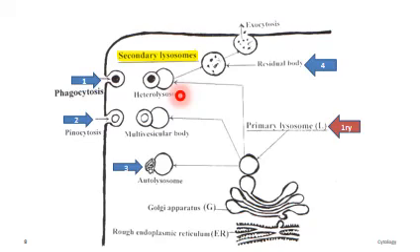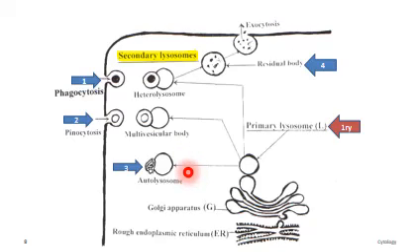If it fuses with a fluid, meaning a pinocytic vesicle, we have a multivesicular body. It can also fuse with organelles inside the cell, for example mitochondria, and in this case it is known as an autolysosome.